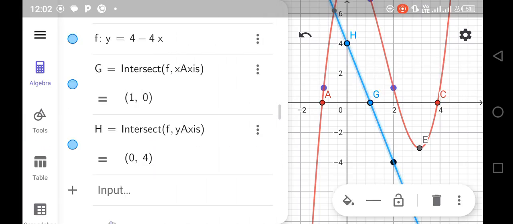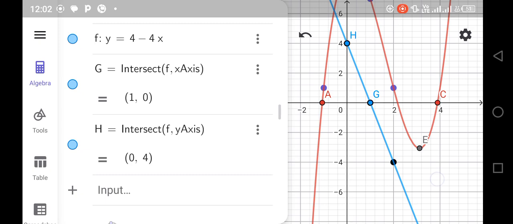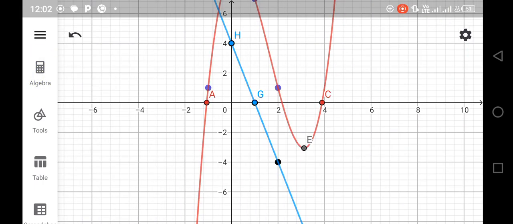The question says that using the same axis, draw the graph of y is equals to 4 minus 4x and estimate the solution for the equation. For us to estimate the solution for the equation, we are going to see where the linear graph line cuts the curve for the cubic function.